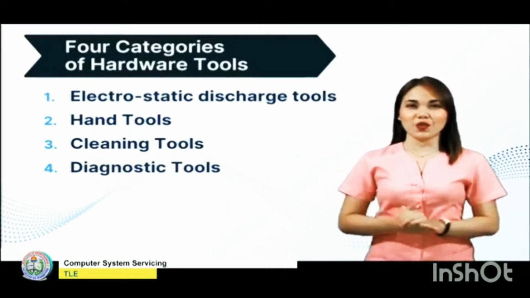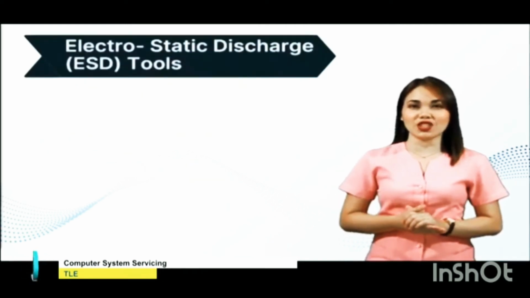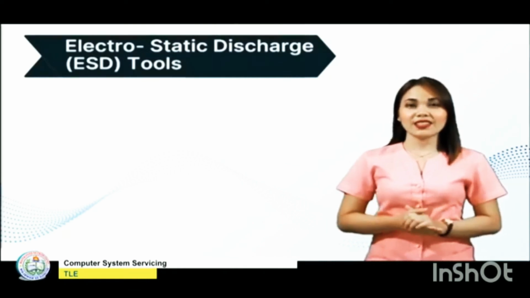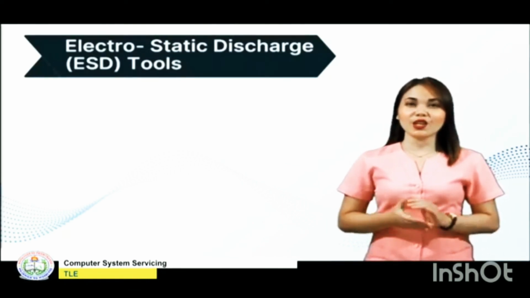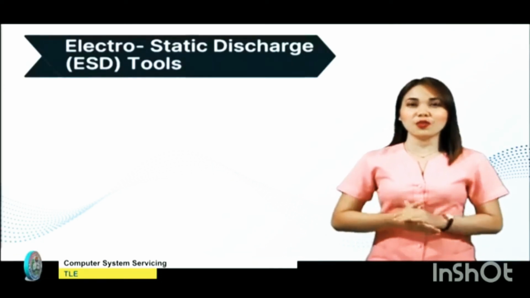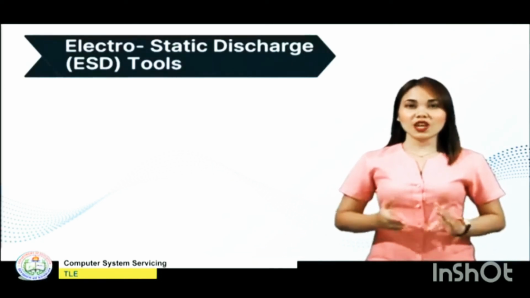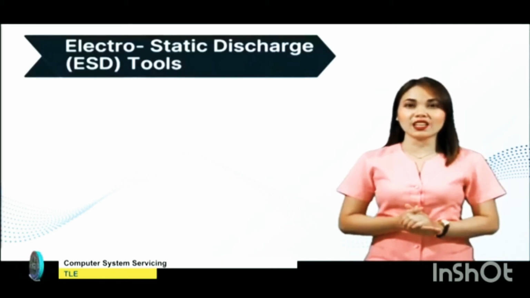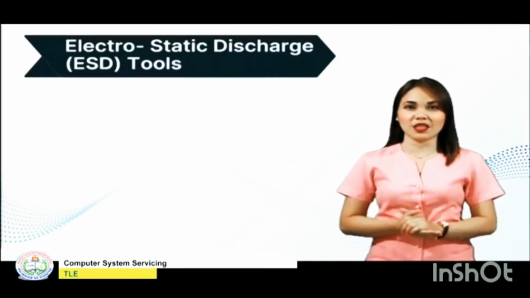Let us know first about electrostatic discharge or the so-called ESD tools. Static electricity is easily generated by friction in carpets, tile, flooring, clothing, hair, and fabric. The friction of moving air alone will charge suspended particles and cause the buildup of static electrical charges on people and objects in the environment.